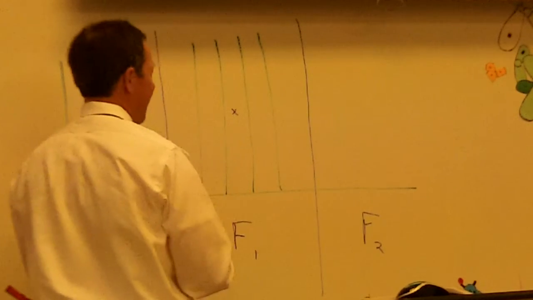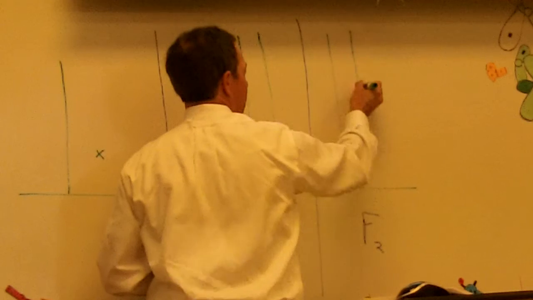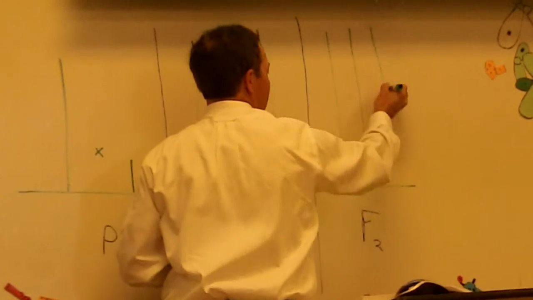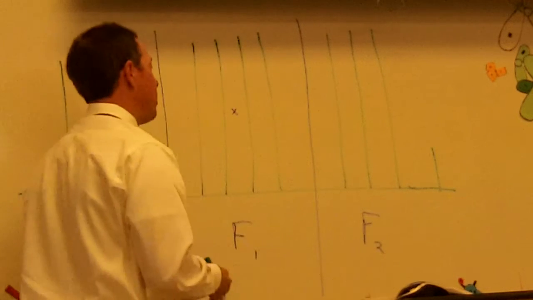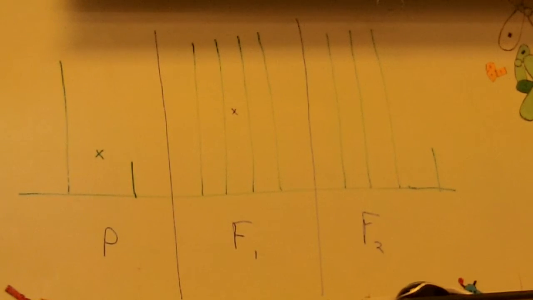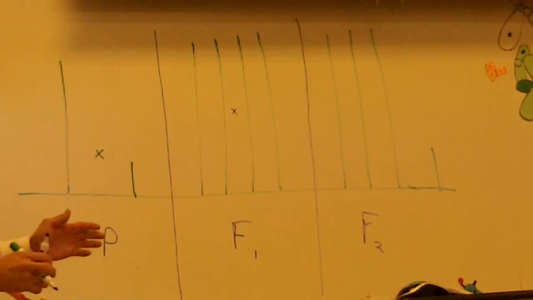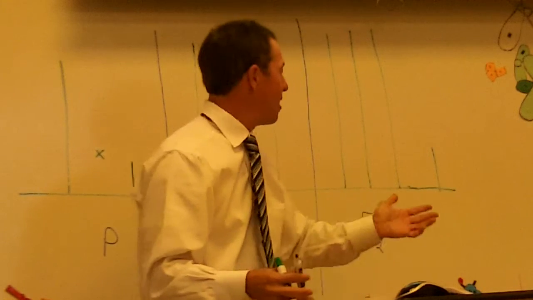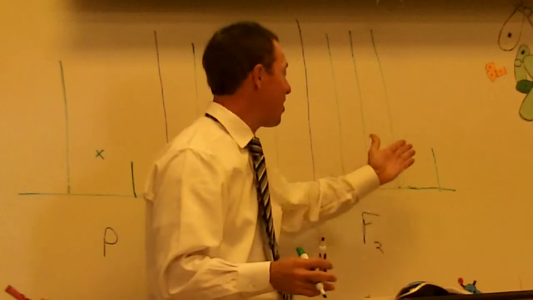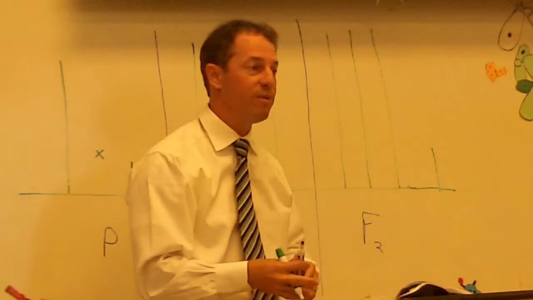Short and tall. You're right, Isaac, he got short and tall. Nailed it. But he got them in a specific ratio, 3 to 1. 3 tall to 1 short. Now, he didn't just grow 4 plants. He grew about 1,000. And he got about 750 tall to about 250 short, which is a 3-to-1 ratio.